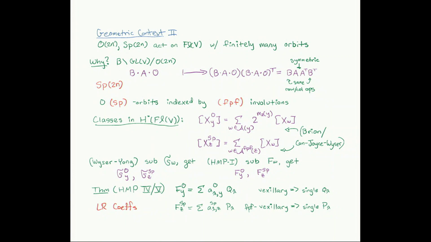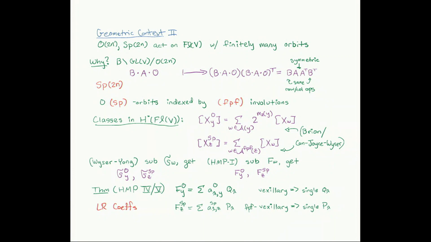And so you'll get a skew symmetric matrix as a byproduct. A skew symmetric matrix is just like an involution: it's symmetric, but nothing on the diagonal, i.e. no fixed points. So that's how you see this stratification.